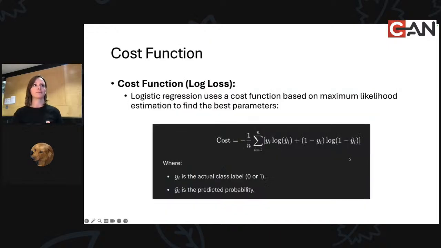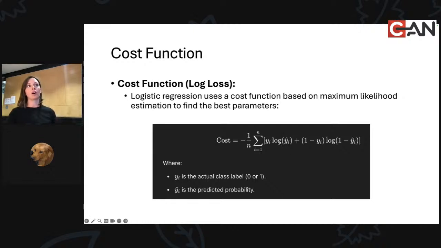and that is something called a cost function. So we want to penalize our model when it's incorrect, and we want to give it rewards when it's correct. And the way that logistic regression does that is something called the log loss function, which essentially looks at your predicted probability, which remember we said y hat is your predicted output.